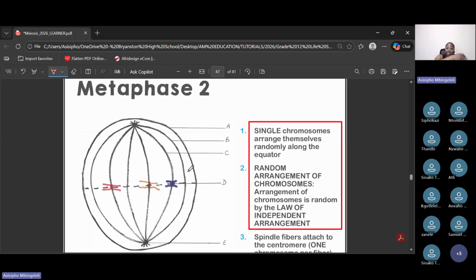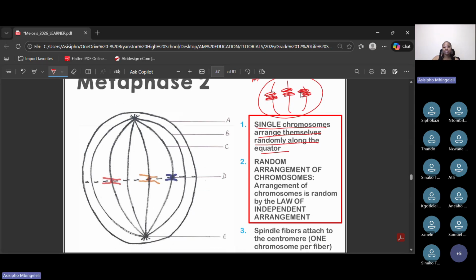Still though, these single chromosomes will arrange themselves randomly by the law of independent arrangement. Single chromosomes arrange themselves randomly in the middle of the equator. If we're to remind ourselves, in metaphase 1, we had something like this. We had a pair of chromosomes in the middle of the equator. So this was one pair, and this was another pair, and this was another pair.